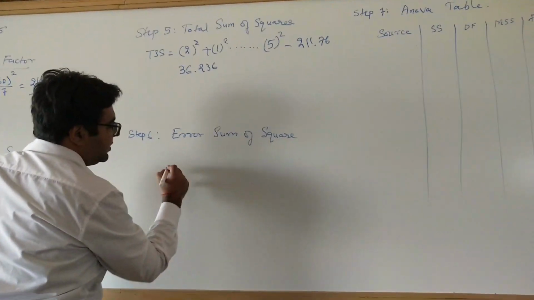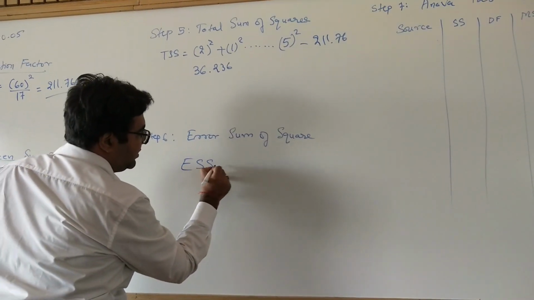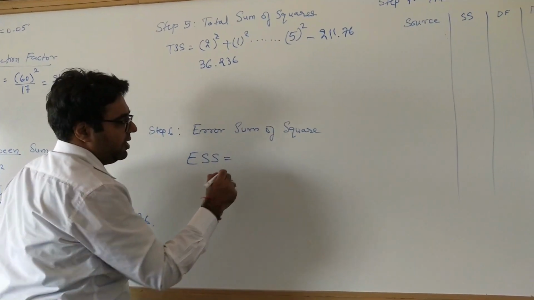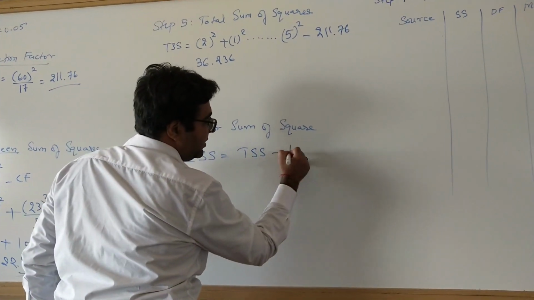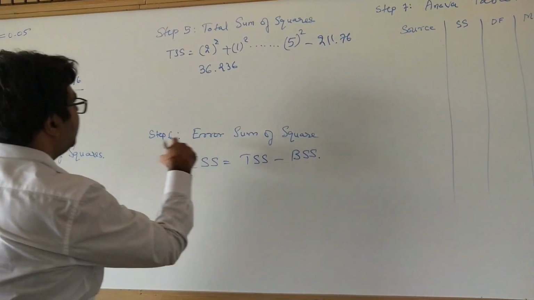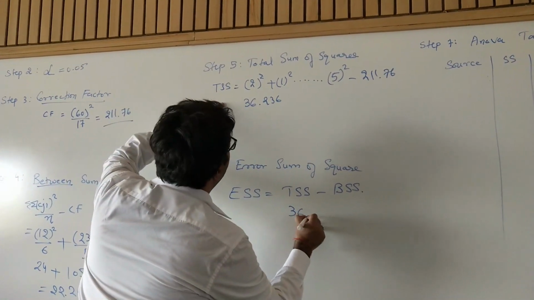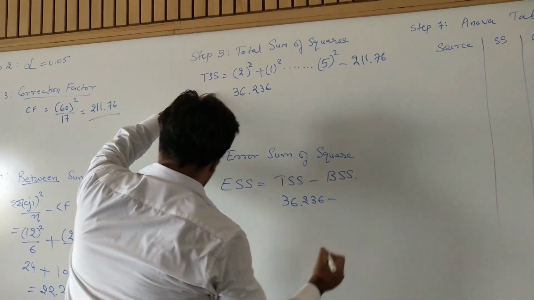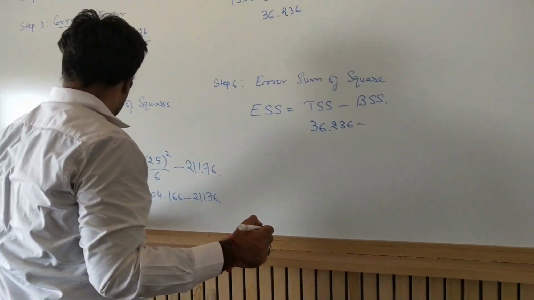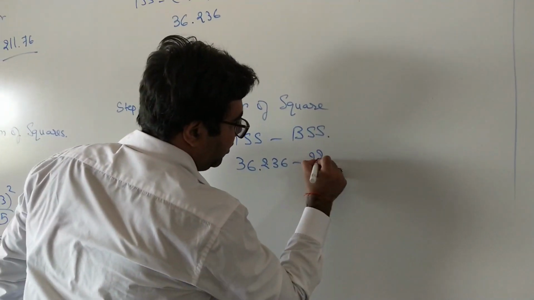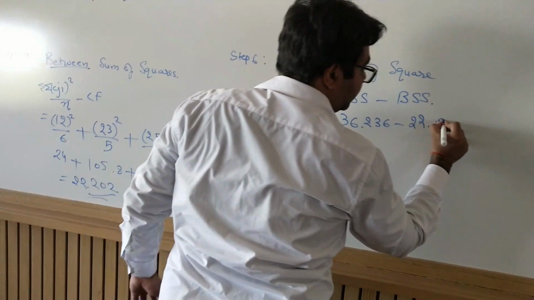So ESS can be found by applying one small formula, that is TSS minus BSS. Take the total TSS, that is 36.236, and subtract the value of BSS, that is 22.202.